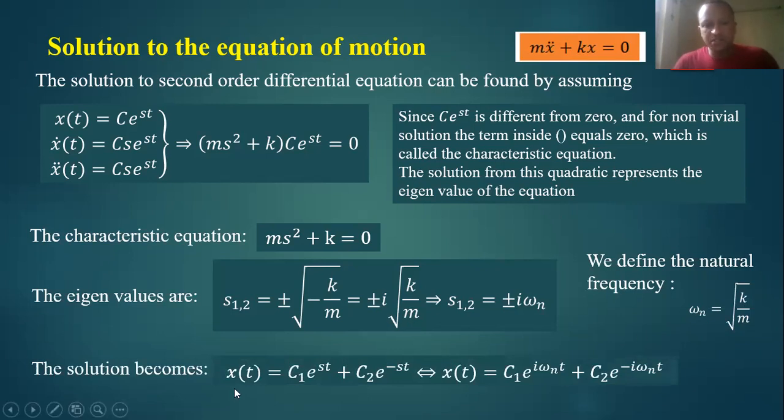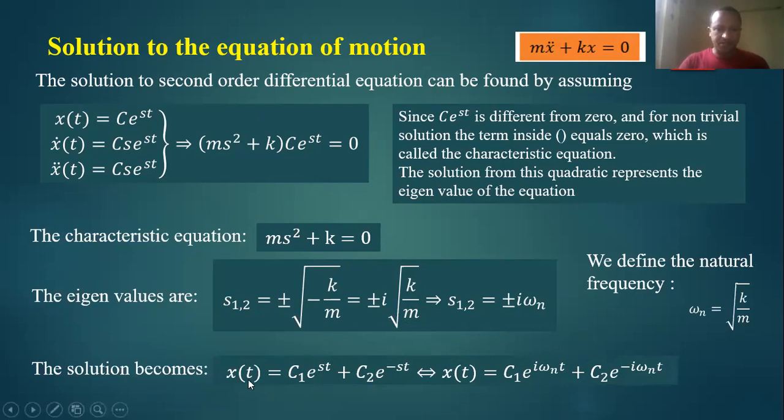So finally, because we have two eigenvalues, s1 and s2, the general form x of t equals c e to the power of st will be split into two, from the mathematical concept of linear algebra.